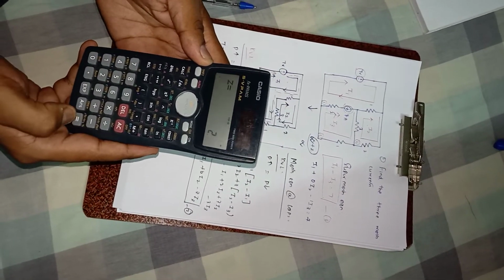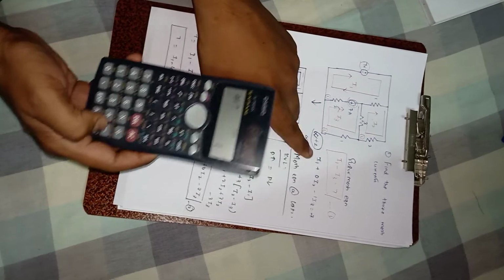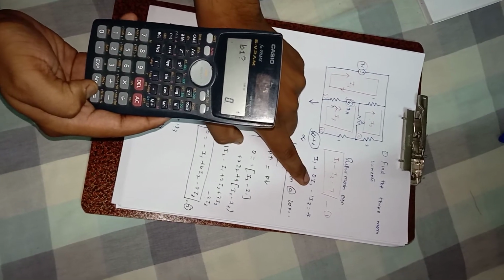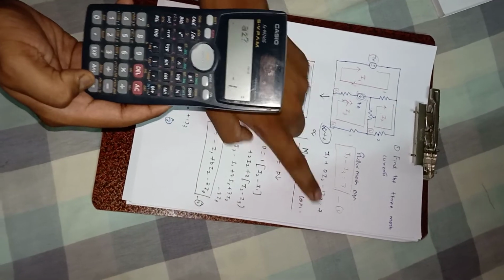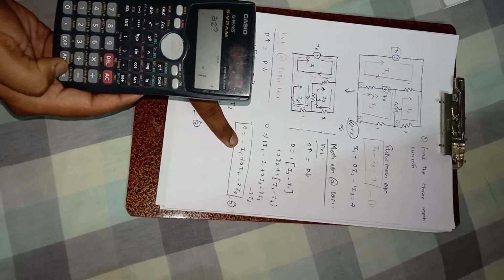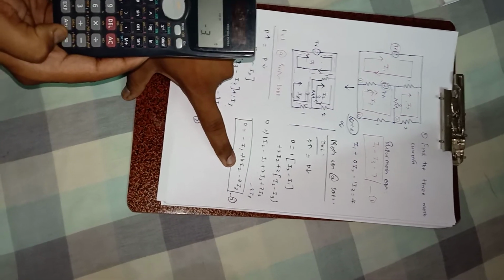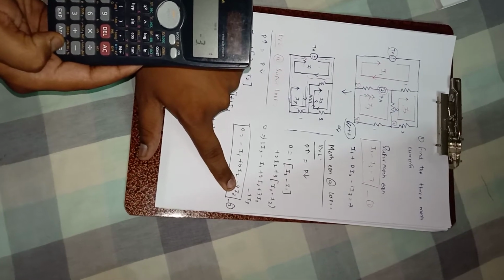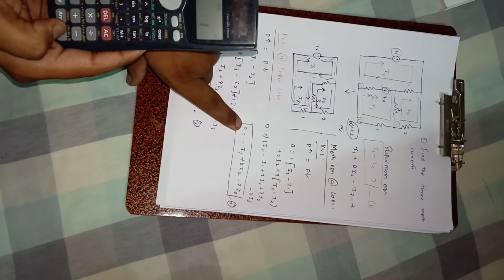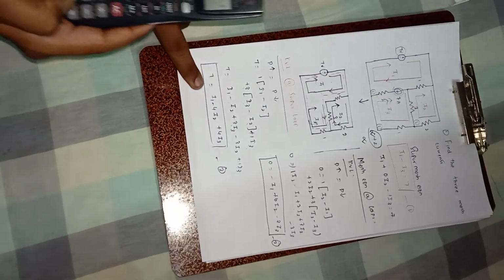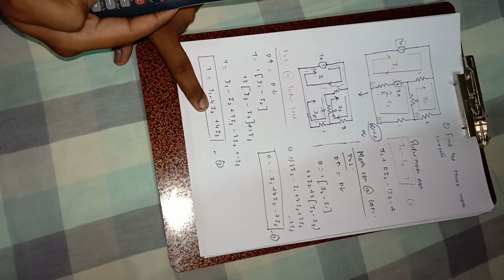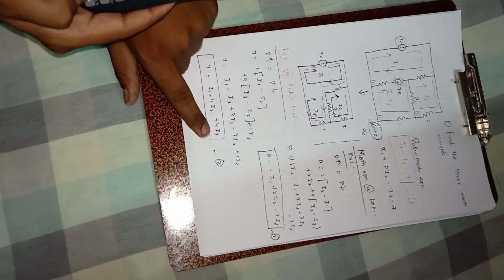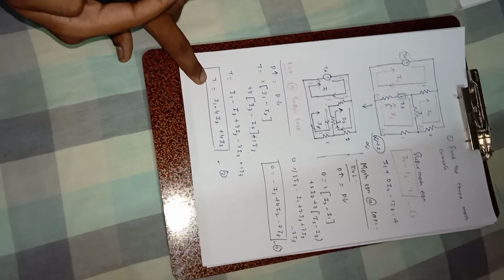So what you have written is your A1 is this value, B1 is this value, and C1 is this value, and D1 is 7, and your A2 is minus 1, and B2 is 6, and C2 is minus 3, and your D2 is 0, and your A3 value is 1, and your B3 value is minus 4, and C3 value is 4, and your D3 value is again 7.